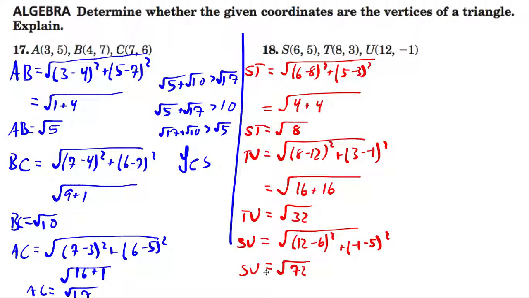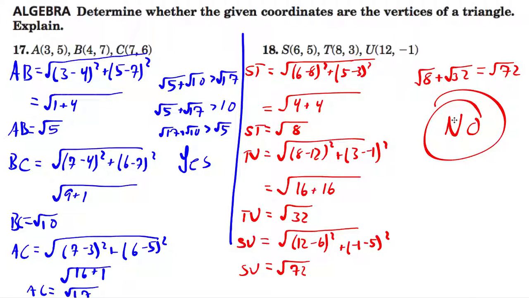So actually if I do the square root of 8 plus the square root of 32 in my calculator, that's about 8.4. And the square root of 72, that's actually the same value. So because they're equal, no, this cannot be a triangle.